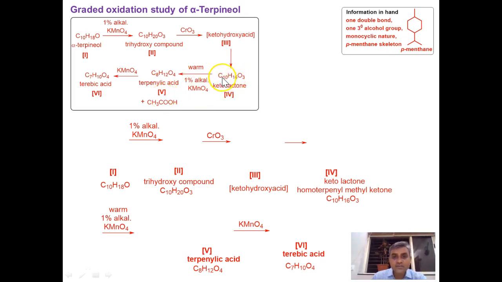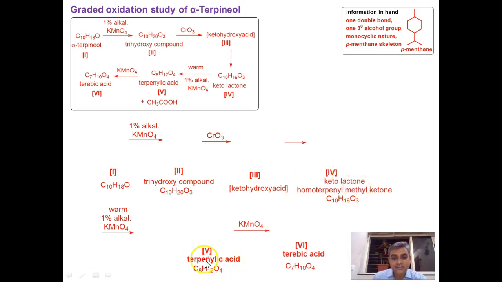So here is a methyl ketone, and here is a lactone. The lactone must be formed by cyclization of the carboxylic acid with the OH. There are three hydroxy groups. A ketohydroxy acid is formed here. So this one hydroxy group remains intact because a tertiary alcohol does not get oxidized. So on the basis of this experiment, chemists reached the structure of the ketolactone.